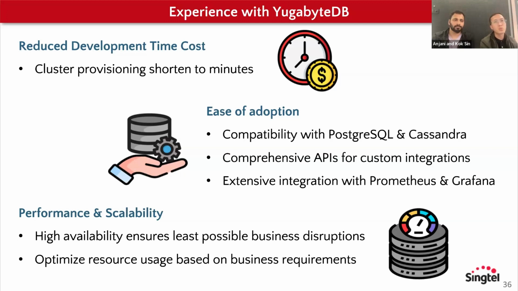And Yugabyte also provides comprehensive APIs for custom integration, and they also have extensive support for Prometheus and Grafana. And finally, YugabyteDB offers great performance and scalability with the help of high availability, which ensures the least possible business disruption, and also flexibility in scaling the clusters, which allows us to fully optimize the resource usage.